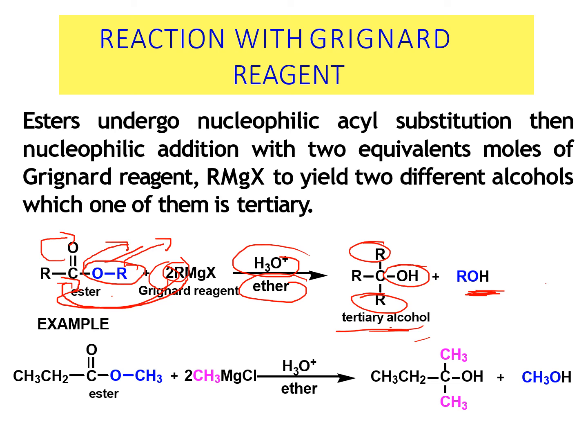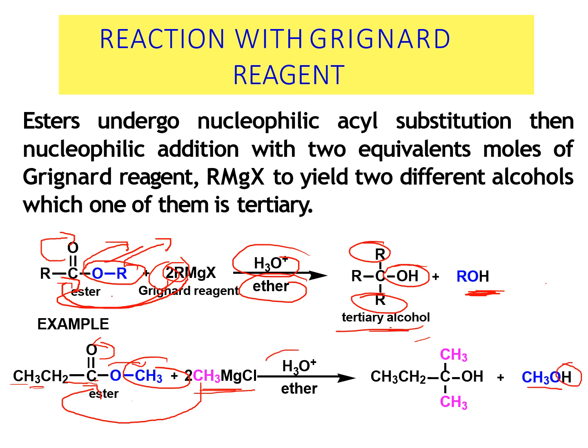For example, here we have methyl propanoate, because there are 3 carbons here. Methyl propanoate reacts with Grignard reagent. CH3 will attack this carbon. The double bond will break and the OCH3 will be eliminated, so it will form CH3OH.